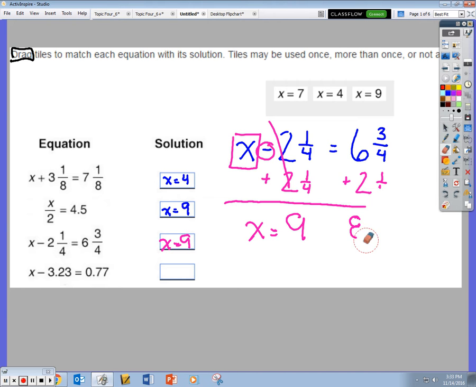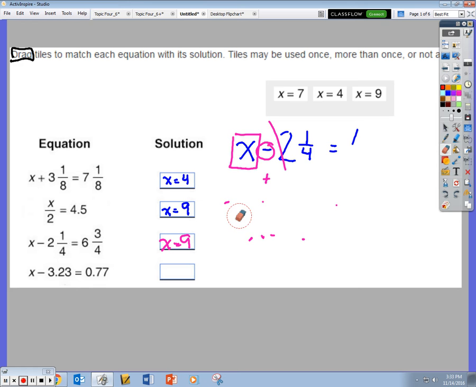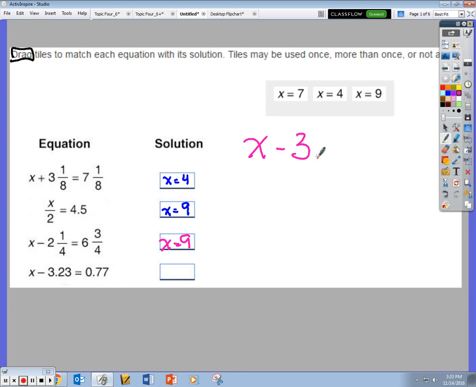Now the last one, it says x minus 3 2/3 is equal to 77 hundredths. Now, first thing I notice here, no variables except this x on the left side of the equation.